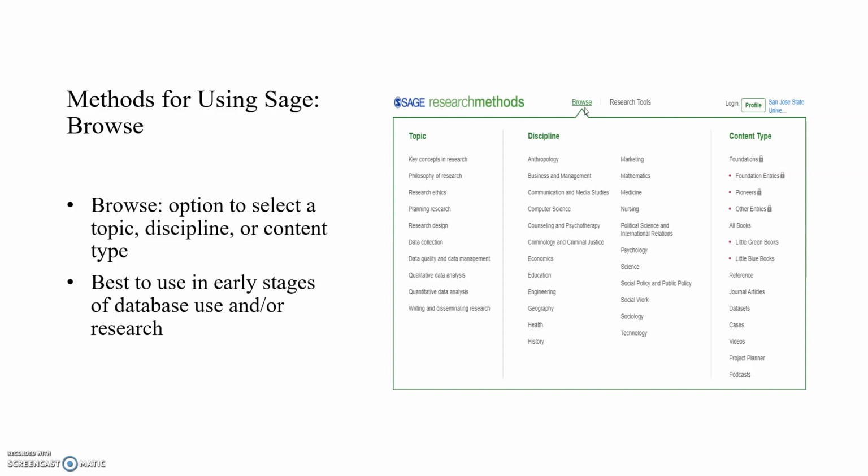So, say for example, if you just want to browse within communication and media studies, you can just choose the topic right here. And it'll take you to some of the research sources, also kind of provide you an overview of generally how research is conducted within that field.